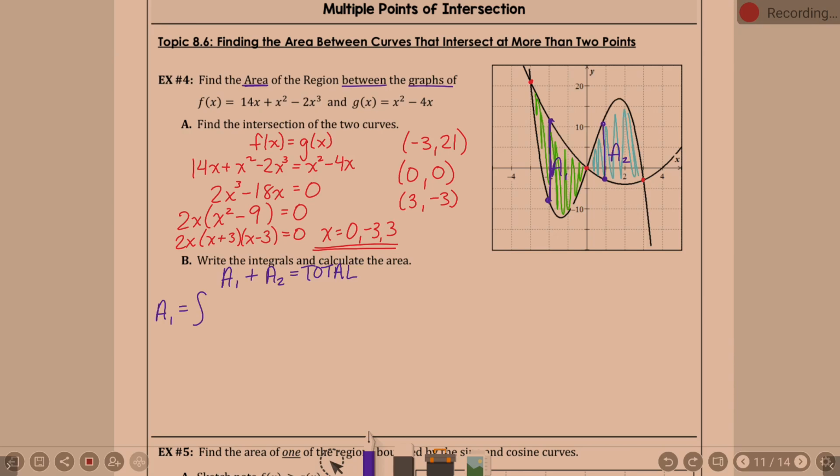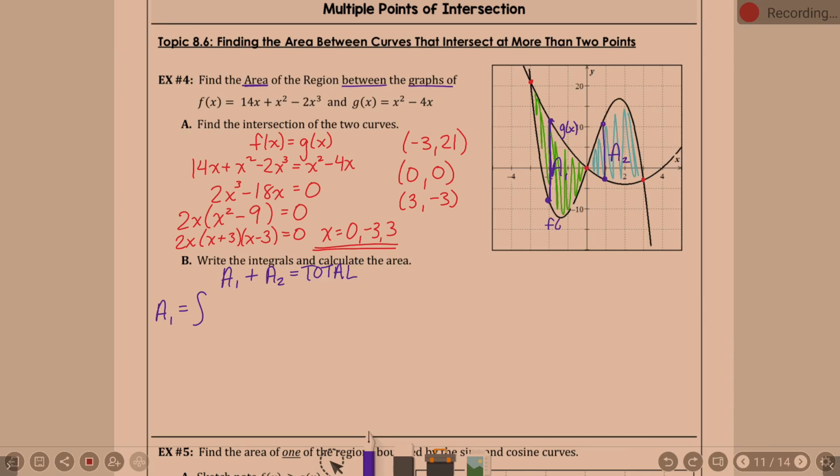Well, okay, so on this one, I forget, I think you guys told me, when we said upper minus lower, it's going to be what? Which one's the upper one right here? Oh, the x squared minus 4x. So g of x is upper, minus what's the lower curve? f of x.